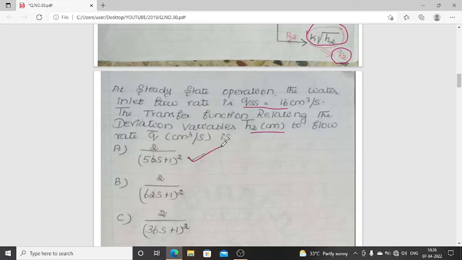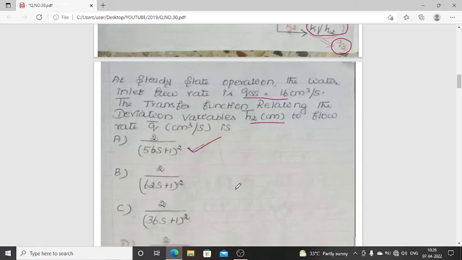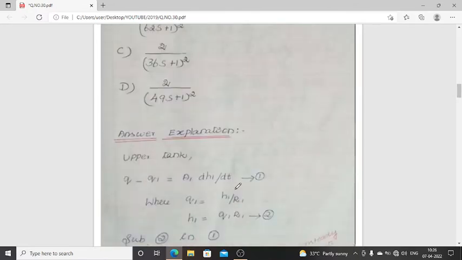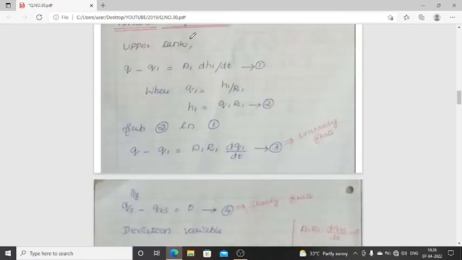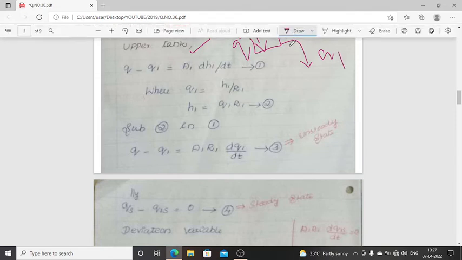I am going to explain how. We have two tanks. First take tank 1. Here the inlet is Q and the outlet is Q1. The height of the tank is H1 and the area of the tank is A1.